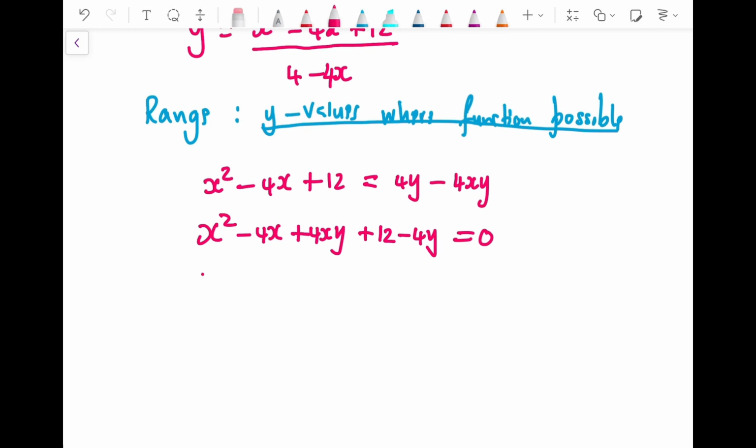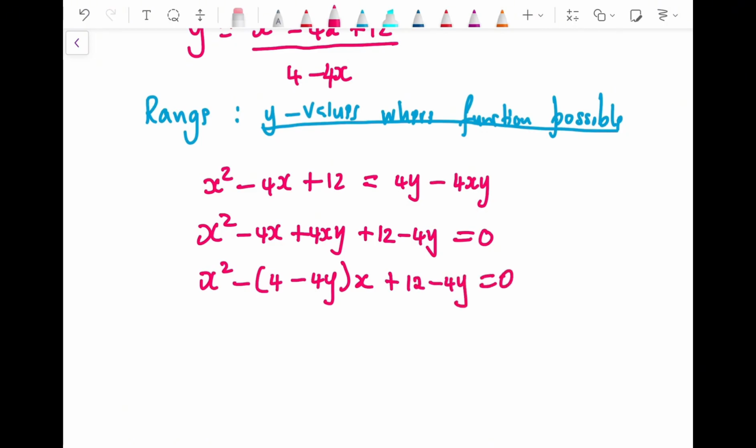Okay, now this can be written as minus 4 minus 4y, and then we take x out, so that it is ax squared minus bx, and then we have our c, which is 12 minus 4y.